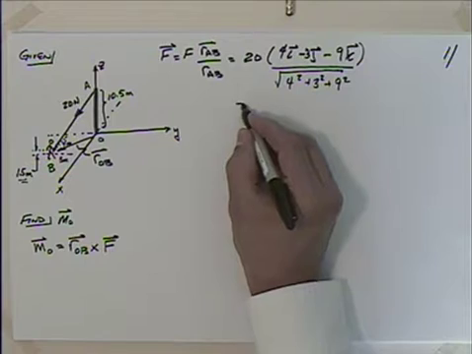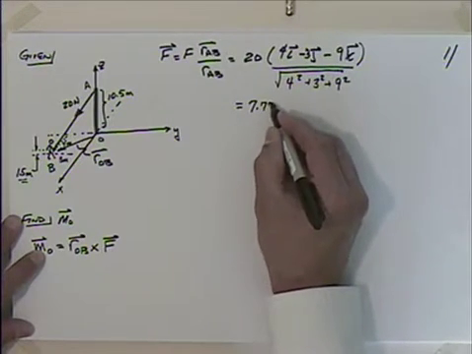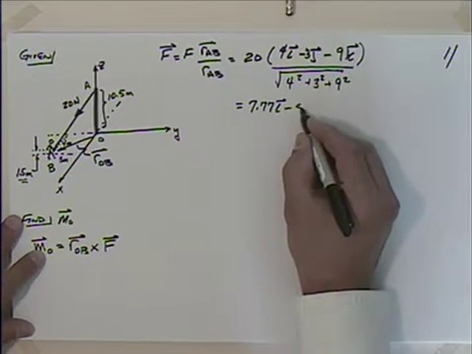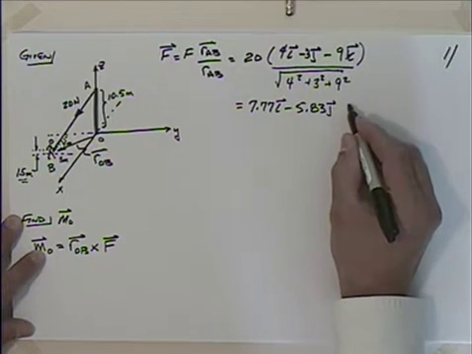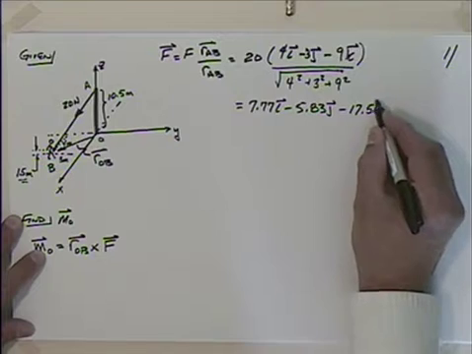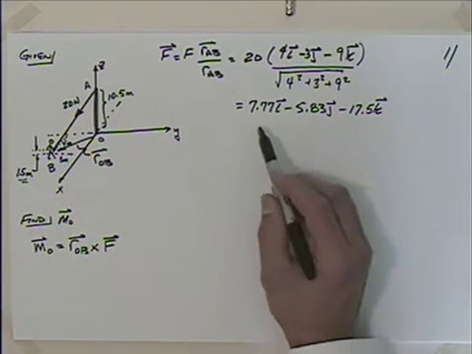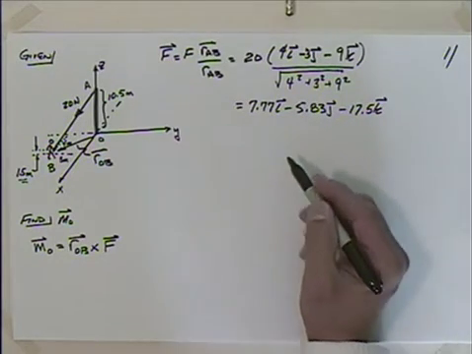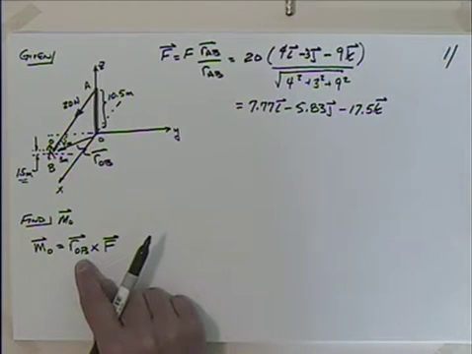When the smoke clears from all this math, you have 7.77 in the I direction, minus 5.83 in the J direction, minus 17.5 in the K direction. That would be newtons. Let me double check that. 7.77, minus 5.83, yes, minus 17.5. So that's our F. And then we were going to do this crossing.